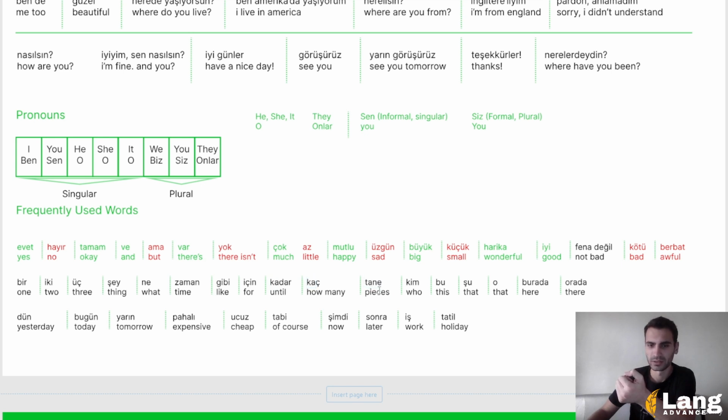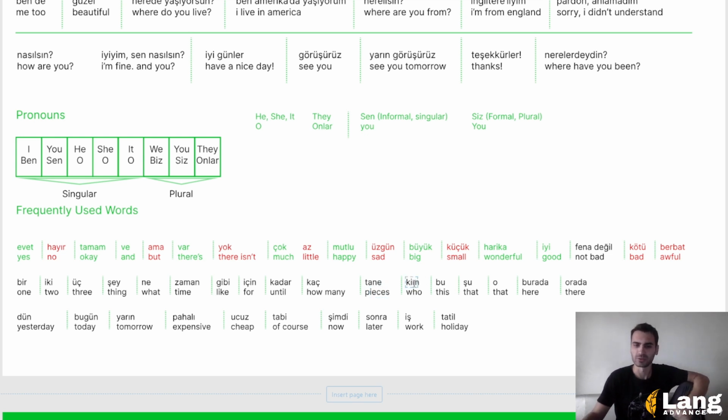How many? Or how much? Also for both of them. Many and much. How many, how much? Kaç. Kaç tane elman var? Elma. Remember, apple. How many apples do you have? Tane is pieces. How many pieces of apple do you have? But we call it like tane, like units also.